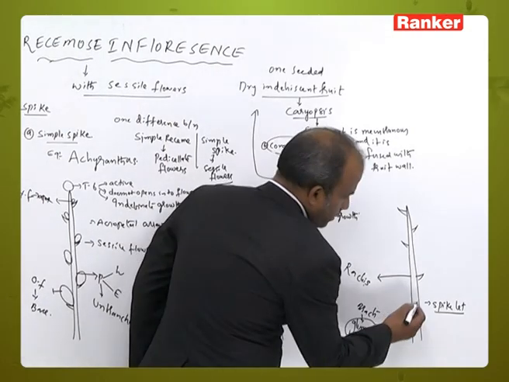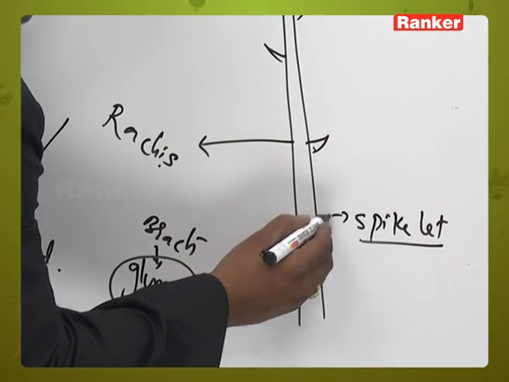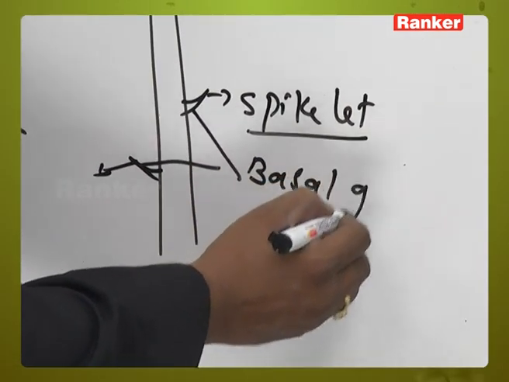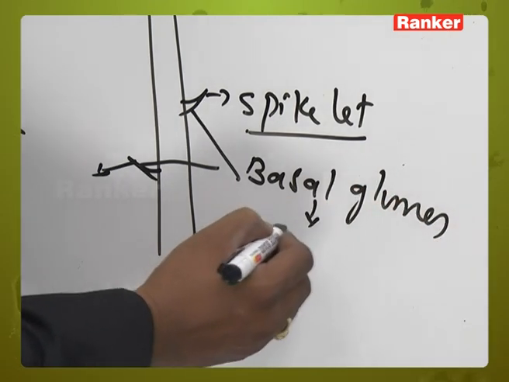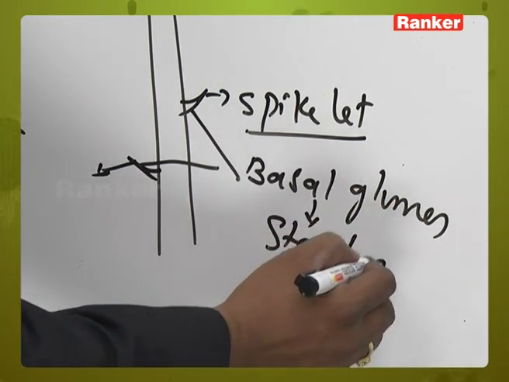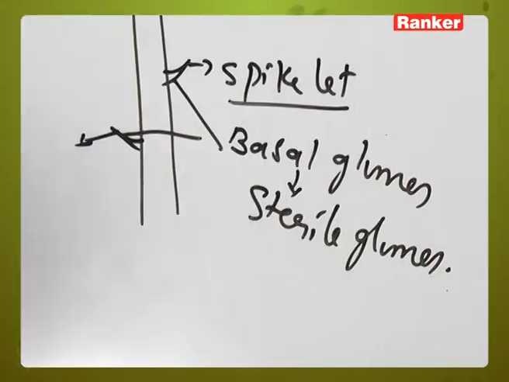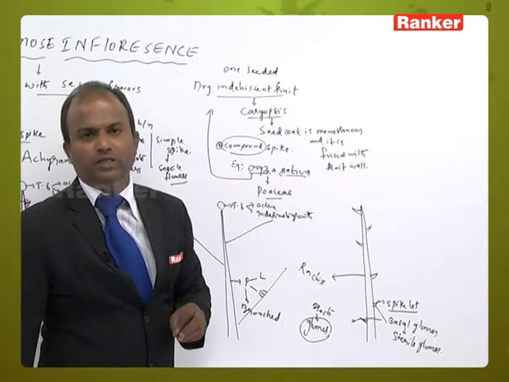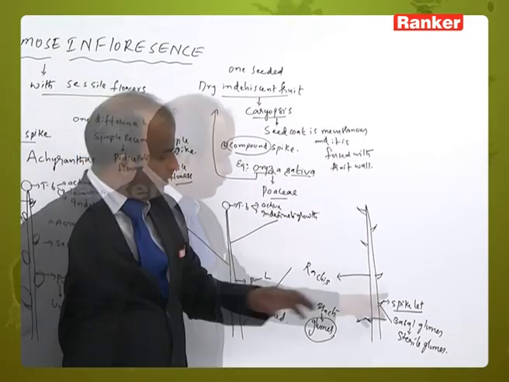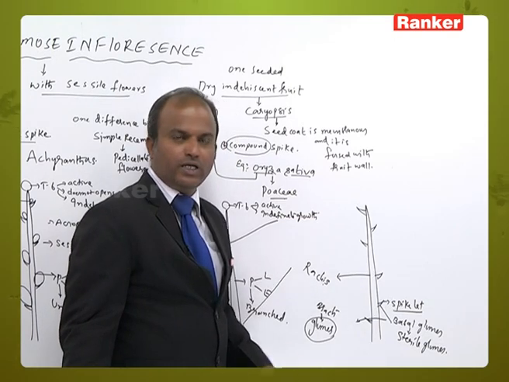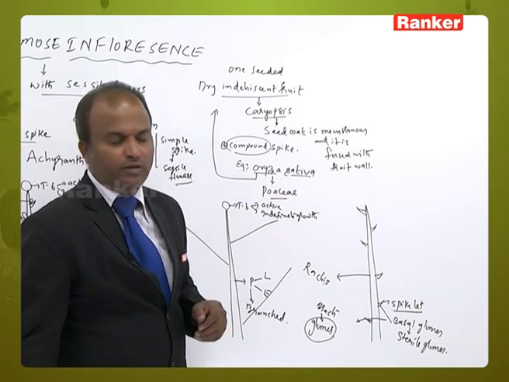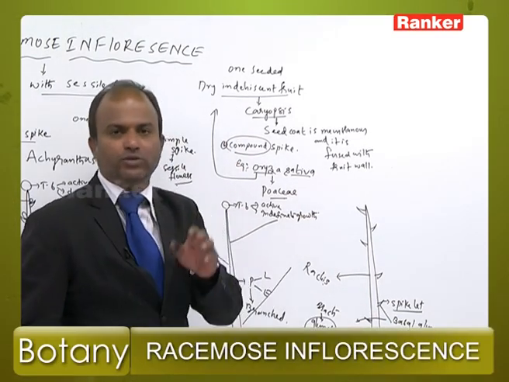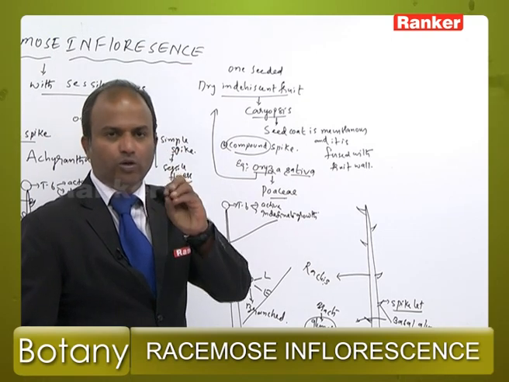In this, basal glumes are called sterile glumes. Why are they called sterile glumes? Because from these basal glumes no flowers are developing, they do not show flowers, so they are called sterile glumes.